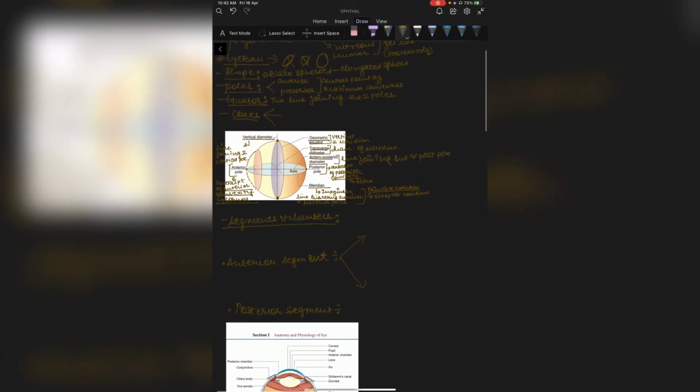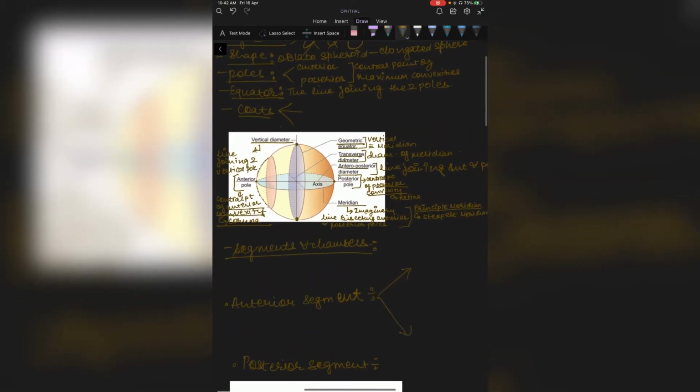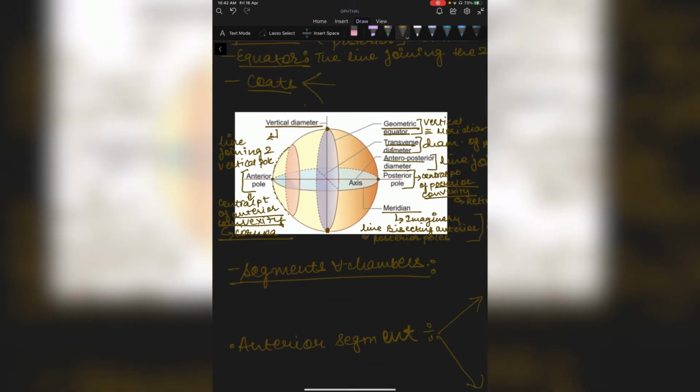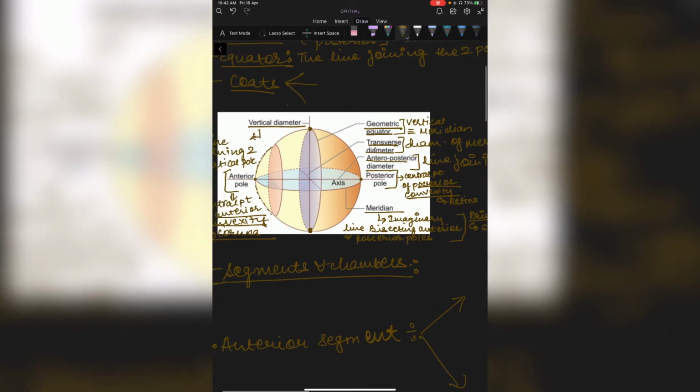So let us revise these definitions and then we will go on to the coats of the eye. The anterior pole is the central point of the anterior convexity, which is your cornea, right? So the central point of the cornea is your anterior pole. Posterior pole is the central point of the posterior convexity, which is your retina, or we can simply put it as the central point of the retina is your posterior pole. Anterior-posterior diameter is the line joining the anterior and the posterior poles.